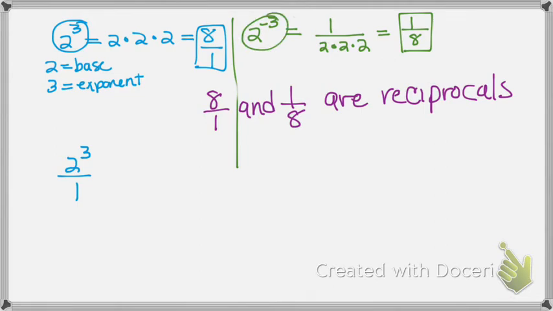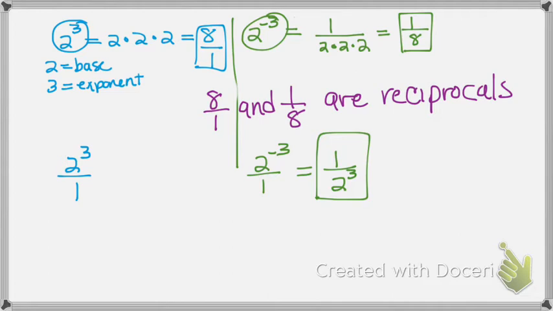Well, I want you to think about what that equaled. 2 to the negative third ended up equaling 1 over 2 to the third. So do you notice that you just do the reciprocal? When you do the reciprocal, you end up with the positive exponent because now it's where it's supposed to be.